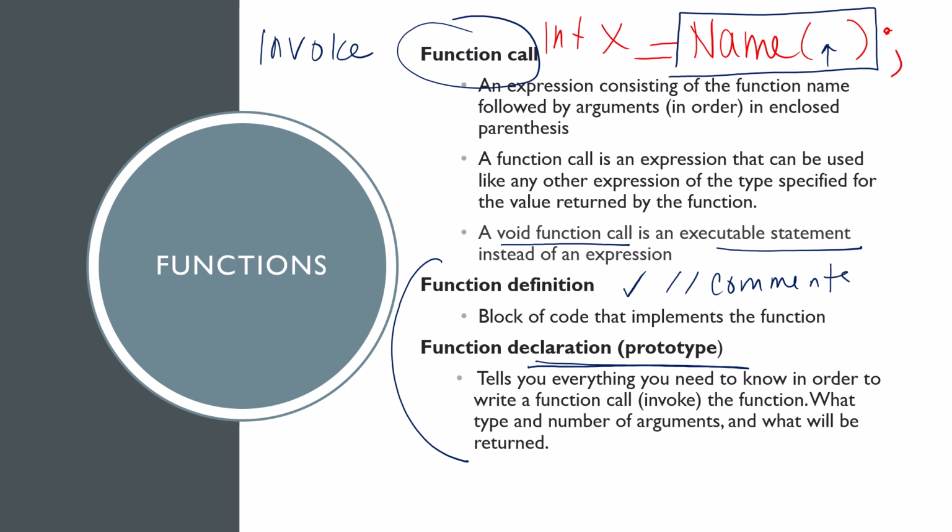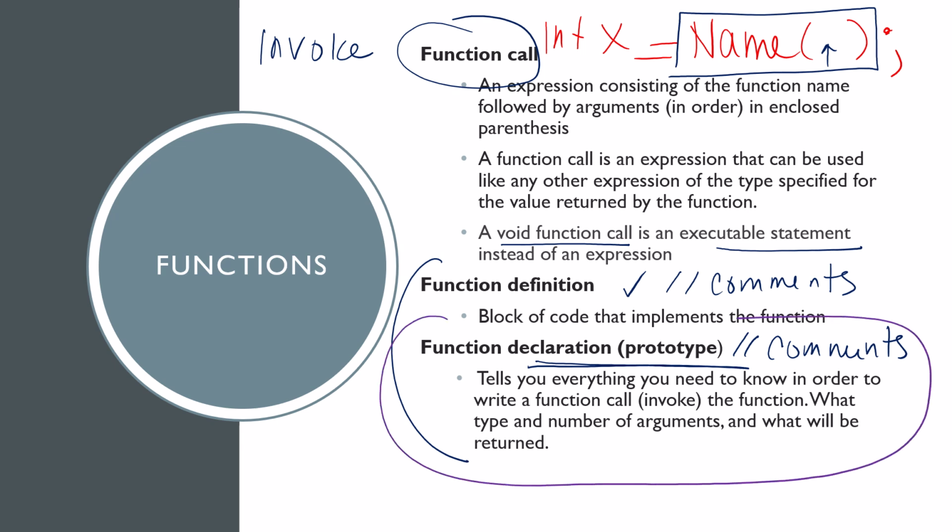And even more importantly, you should add good comments on your function prototype, because I should be able to look at a prototype and know what it returns, what it's going to do, what the conditions are that need to be set before I call that function, and what the post conditions are that are going to be delivered to me after that function. So the function prototype is very, very important. So we will be stressing using function prototypes in this class, or another word for a function prototype is a declaration.